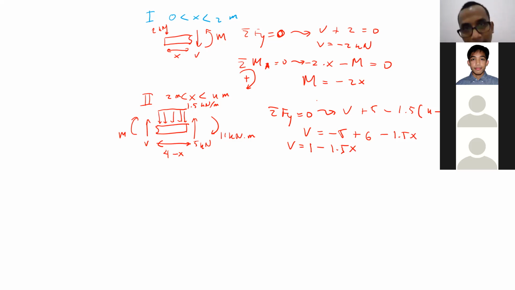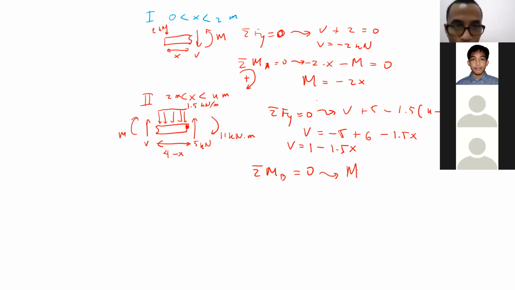Now, the last one is slightly more complicated as well. If we want to find the moment, we have to use sigma moment. If we use sigma moment at P equal to 0, then what will we get?